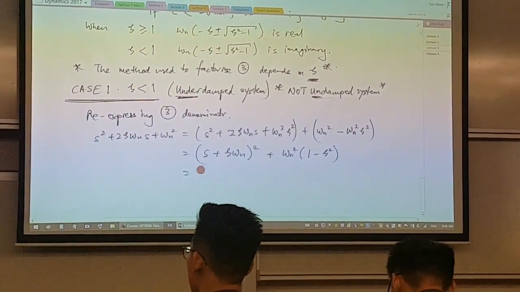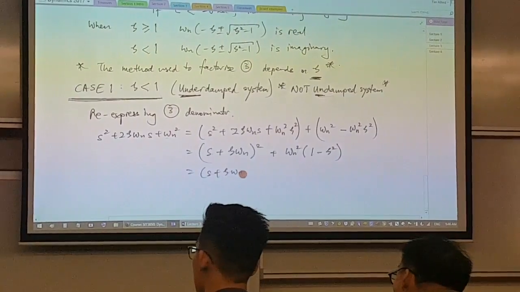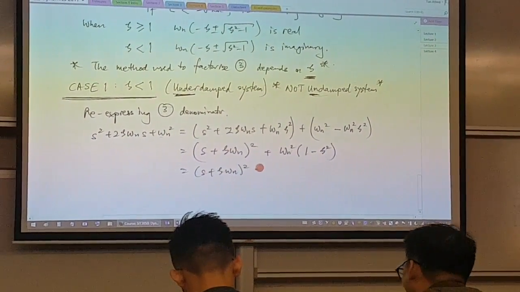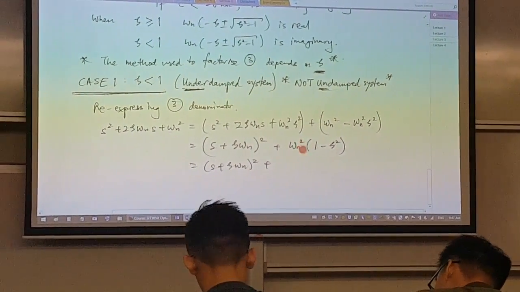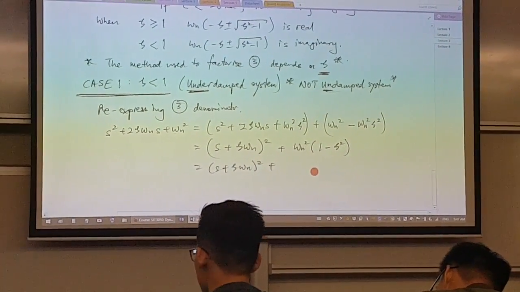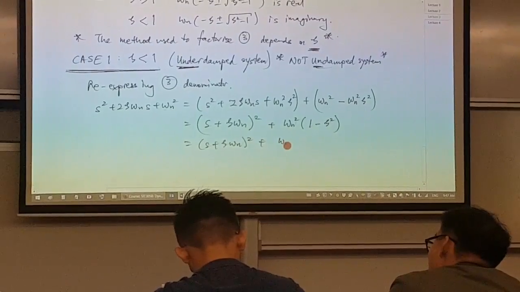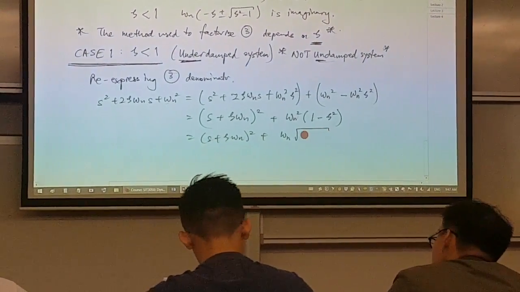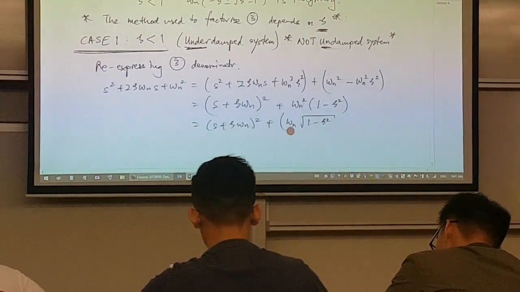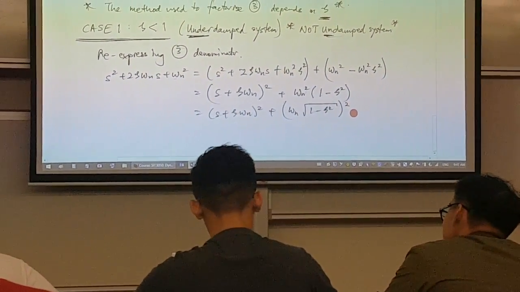So I'll keep this term, s plus zeta omega n, squared. And this term over here, I'm going to take the square out of it. That means omega n square root 1 minus zeta squared. I'll take that square out of it.